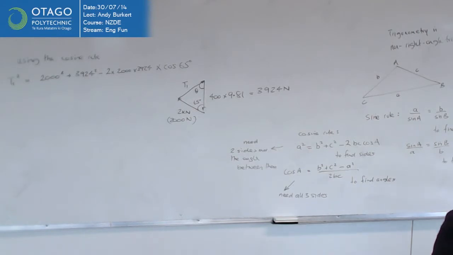And you just do that on the calculator and then square root it. So let's see what we get. Make sure your calculator's in degrees, by the way, for these. So 2000 squared plus 3924 squared minus 2 times 2000 times 3924 times cosine of 65.